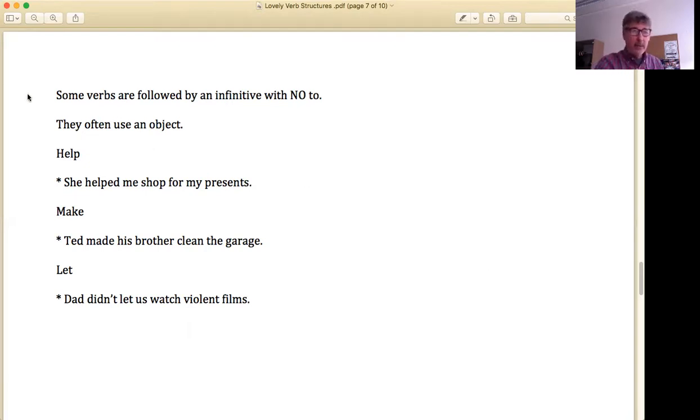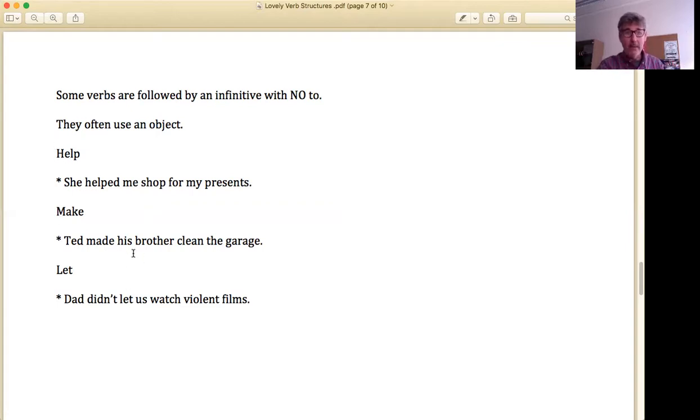And then here we have a different structure, verbs that are followed by an infinitive with no to in between. This is sort of unusual, an exception, and they often use an object, but not always. So help, she helped me shop. So here, help someone do, help us go, help me build. There's no to in between. All right, that's how help does it.